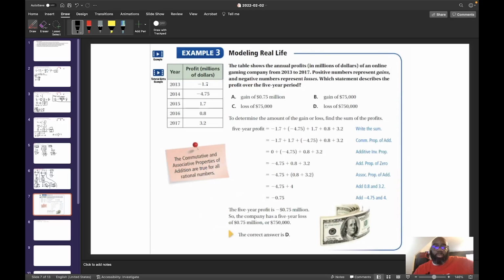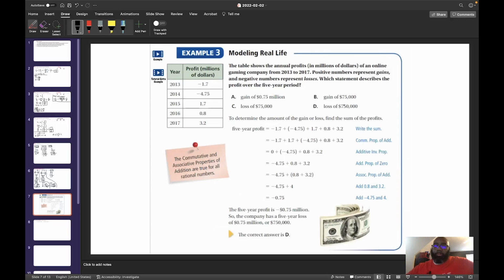The first thing you did was you lost 1.7. And what's the next thing you do? They're adding the negative 4.75 loss that you had in the second year. Then you're adding the gain of 1.7, adding the gain of 0.8, adding the gain of 3.2. So this is what they're talking about when they say write the sum.